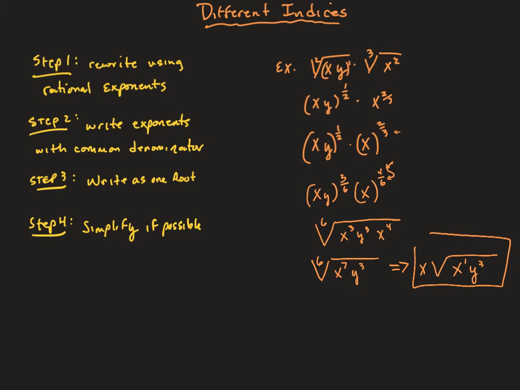Given that I had two different indices, I first had to write with a rational exponent, then rewrote with a common denominator, then wrote as one root, and then simplified as much as possible.